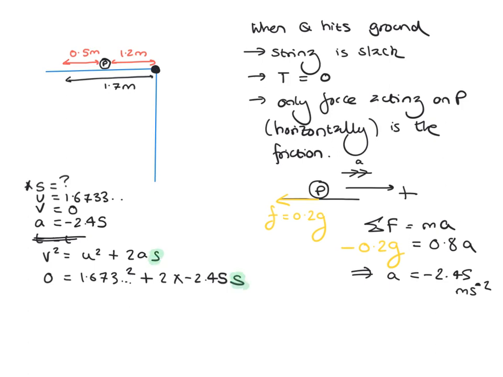I've highlighted the s in green to avoid any confusion. So rearrange this equation and find out the value of s, the distance travelled. And this comes to a value of 0.57142, which rounds to 0.571 metres to 3 significant figures. So that is how far P moves after Q hits the floor, and we can see that this is less than 1.2 metres, so P is not going to hit the pulley.